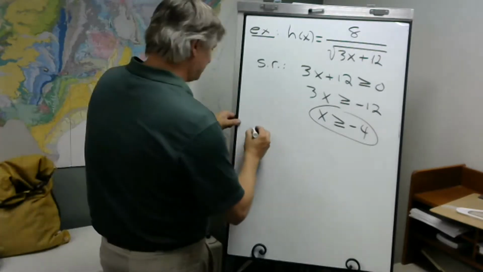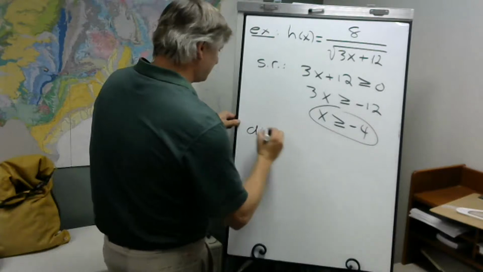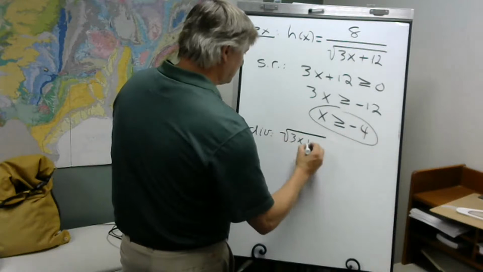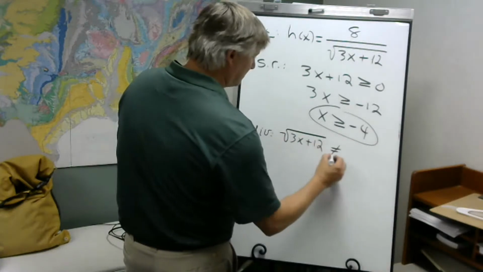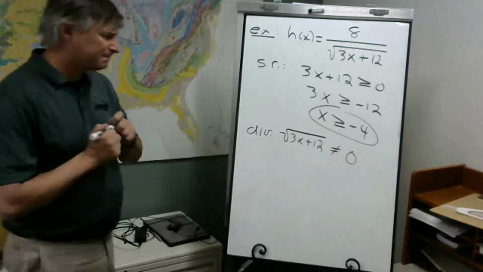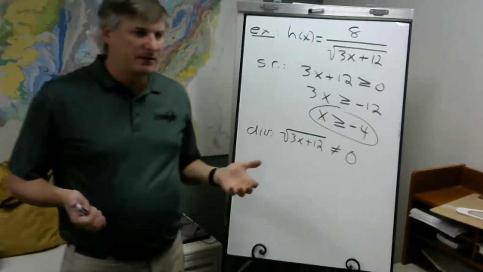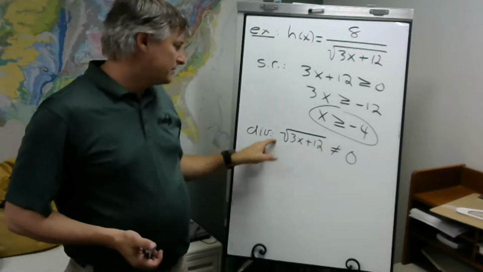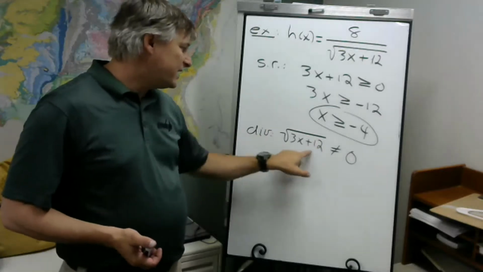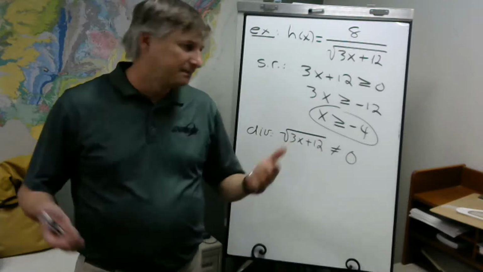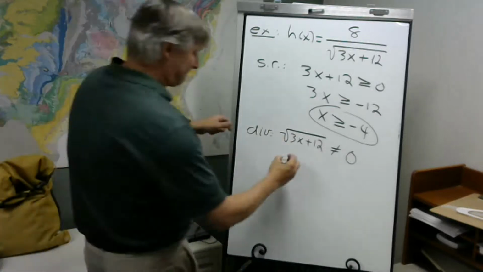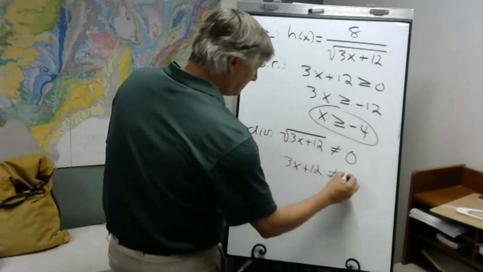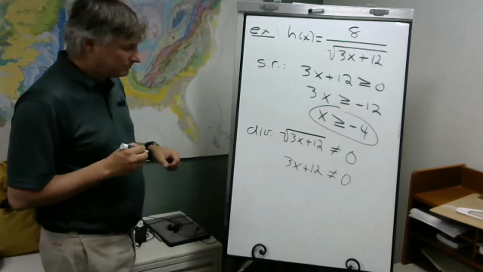But now for the division. The square root of 3x plus 12 can't be equal to 0. Now there's probably an easier argument to make here, is that this entire thing will only be 0 if this is 0. Because the square root of 0 is 0.